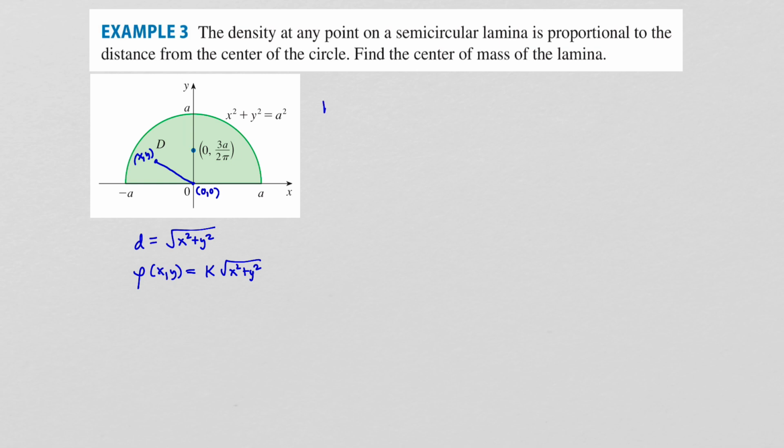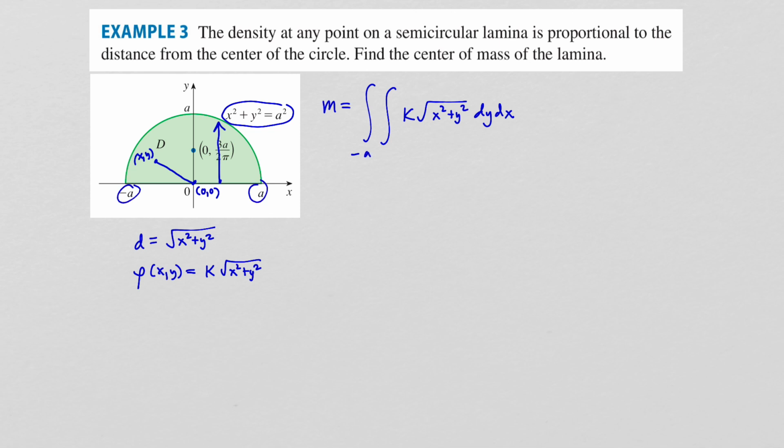So now the mass is going to be the double integral of this density function, which is k times the square root of x squared plus y squared, and then we're going to have dy dx. Now, y is changing from here up to here. So I'd have to solve this for y, and then x would be changing from negative a to a.